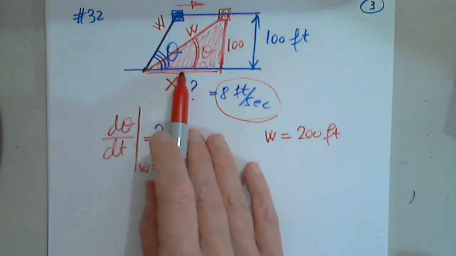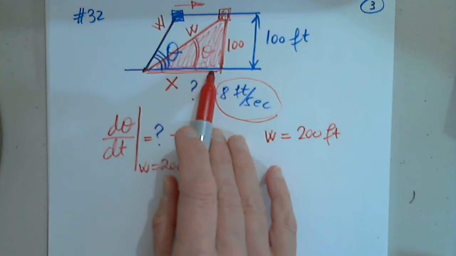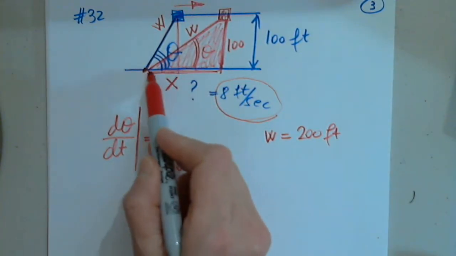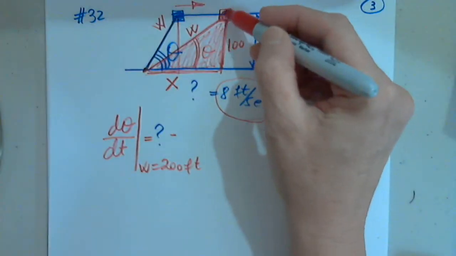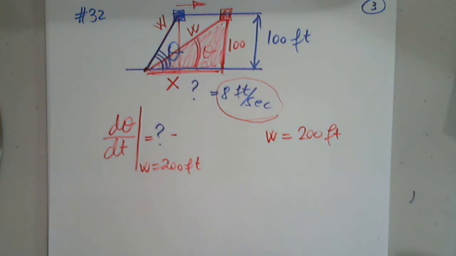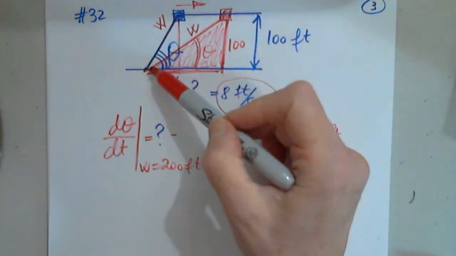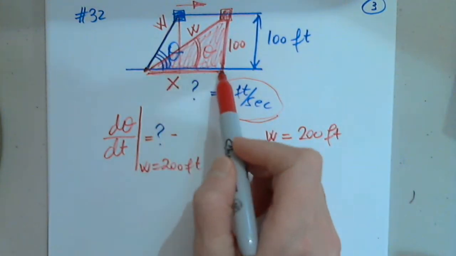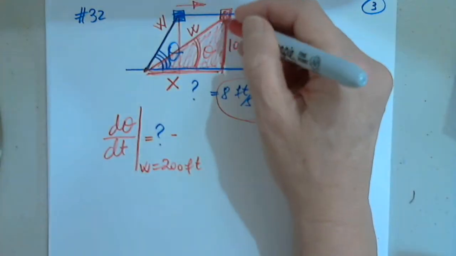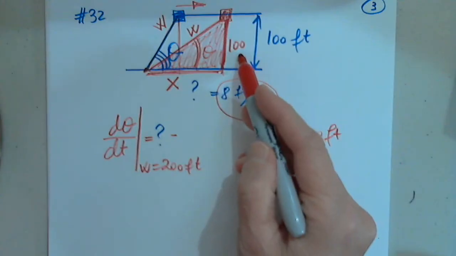Well, it's the rate of change of X, right? So at this position, X is this, but at this position, X is this. So here's another piece that changes with time. So W, X, and theta all are functions of time, except this that is fixed. This never changes.